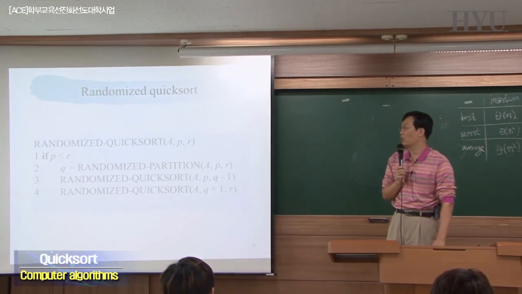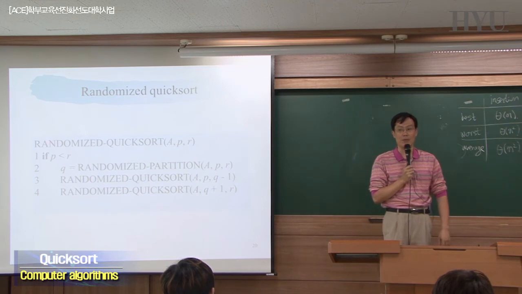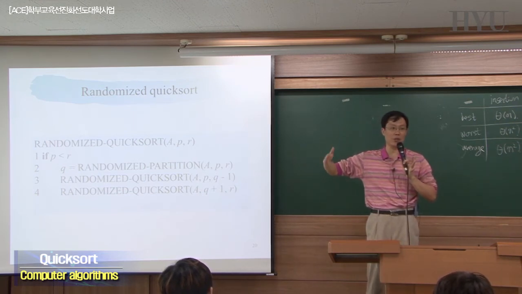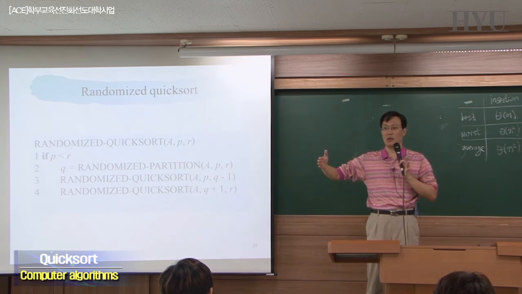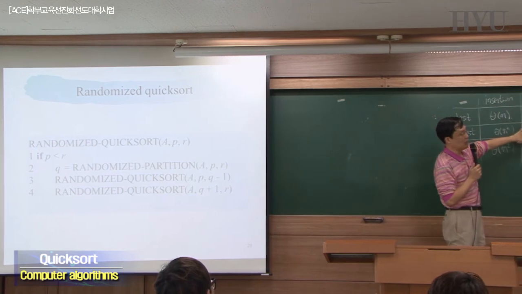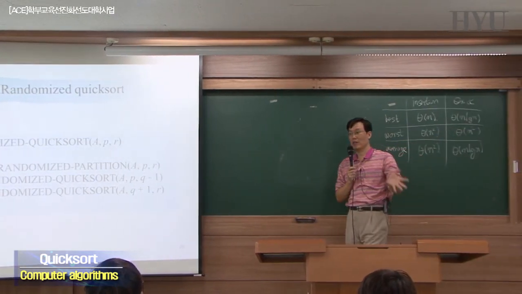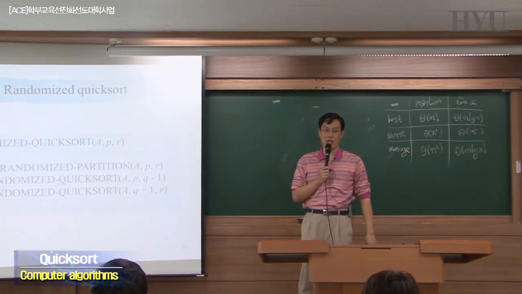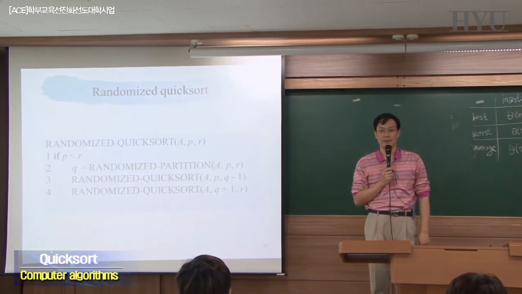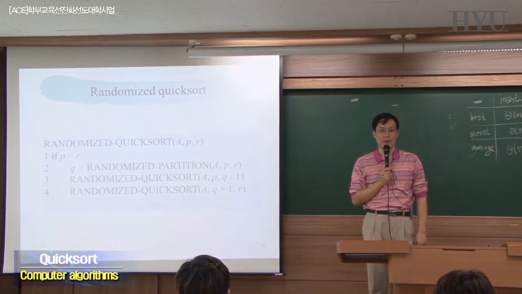Then we don't suffer that problem. Even though the array is already sorted, we can avoid the worst case behavior. That's the idea of randomized quicksort.